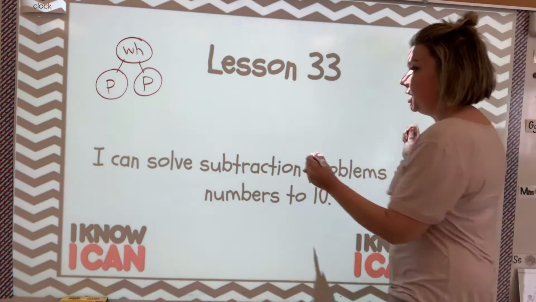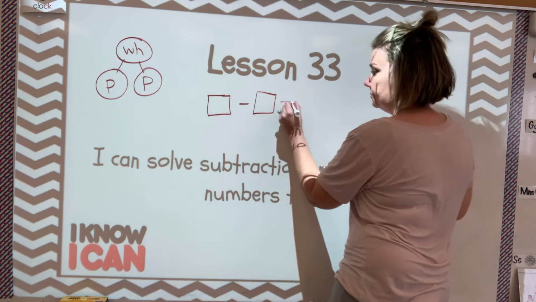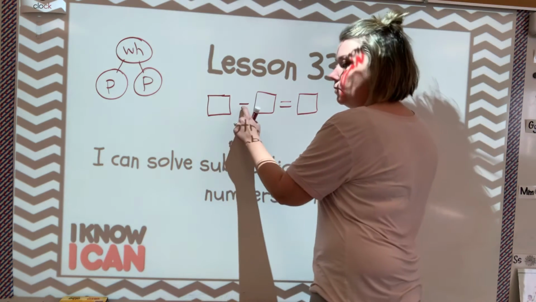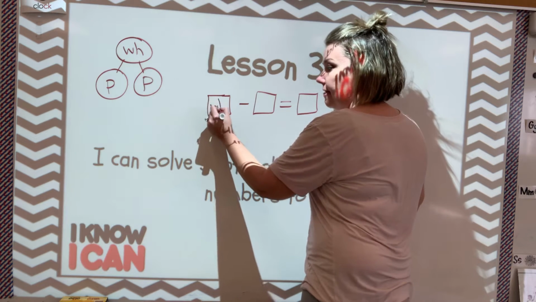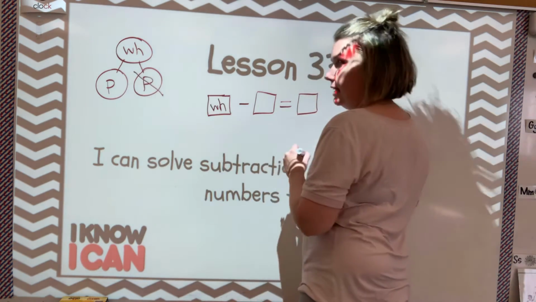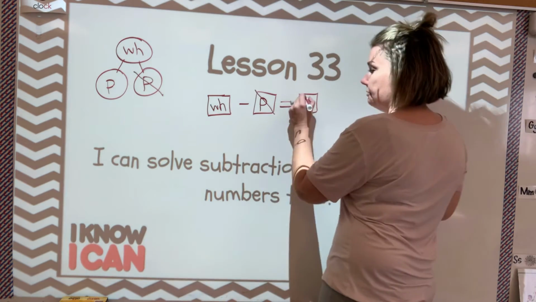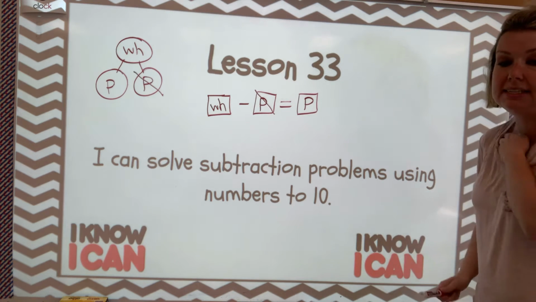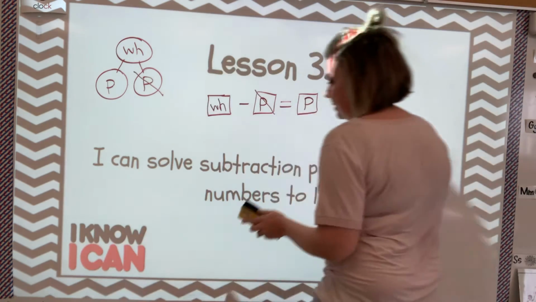Well, when I write a subtraction sentence with mystery boxes, your whole goes in the first box by the equal sign. Then, whatever part you're taking away, that part goes next. And the part that's left over is last. Let's remember that because that's different from an addition sentence. So I just wanted to remind us of that.